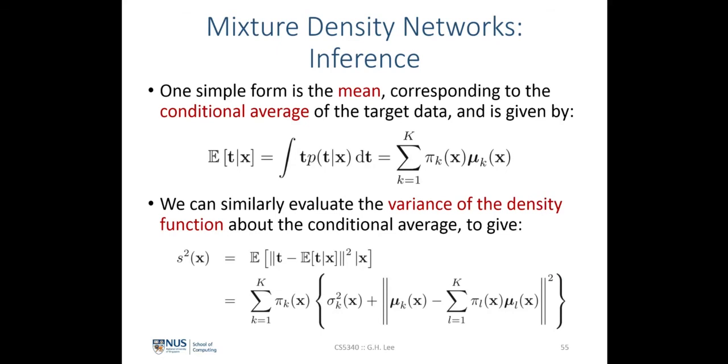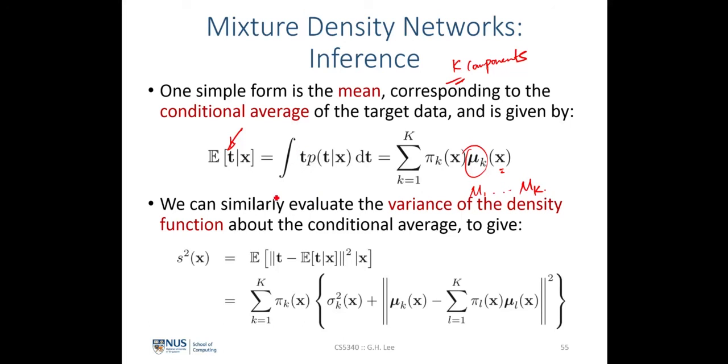And now the last thing that we need from the inference of the mixture density network is to determine which one of the solutions from the mixture density network would be the most probable. Since each one is a Gaussian mixture model with K components, this means we'll get K outputs for each particular input, corresponding to all the means, mu 1 to mu K, where every one of these is one plausible solution for the output of T. One simple way is to take the mean, the expectation over all the solutions.